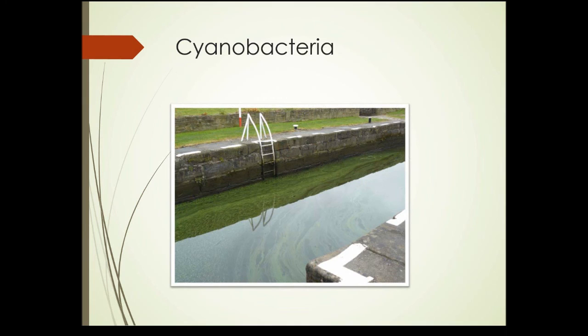This next slide here shows some cyanobacteria. You can see these swirls and patterns in the water. Those are the individual cells, but there are so many of them, millions and billions in this photograph, that they're visible to the naked eye.